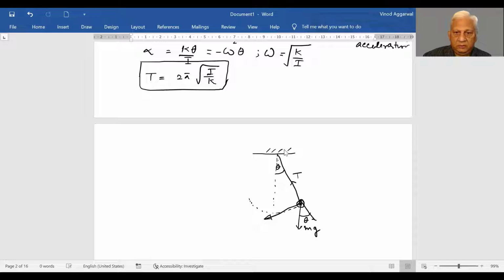So this force will become mg cos theta, wherein this will become mg sin theta. Now this tension will get balanced by this mg cos theta, and we will be left with only this force, which is acting on the bob, which is responsible for making it go in a circular path. And this we call the restoring force.